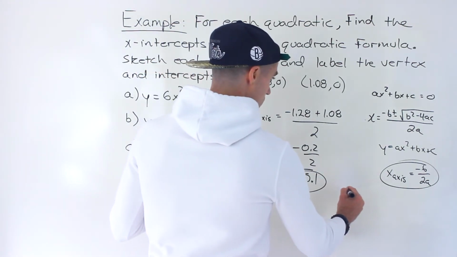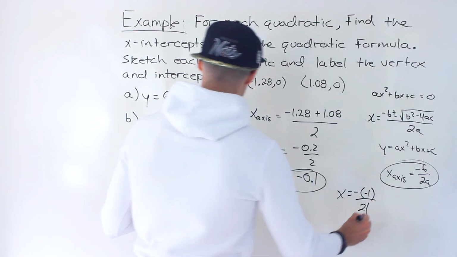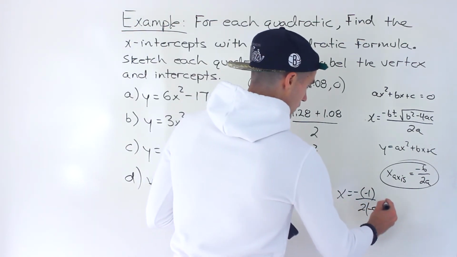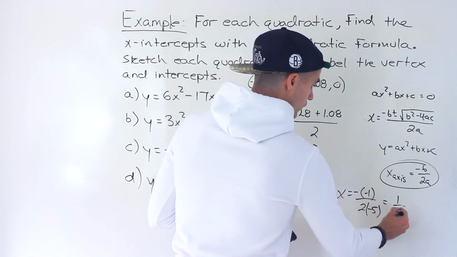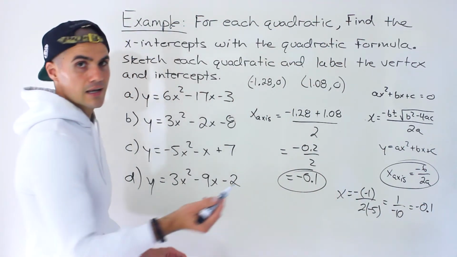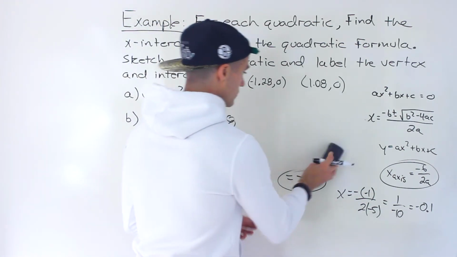It's negative 1. So we'd have negative negative 1 over 2 times the a value of negative 5, which would be positive 1 over negative 10, which indeed would be negative 0.1. So that's the x value of the vertex.